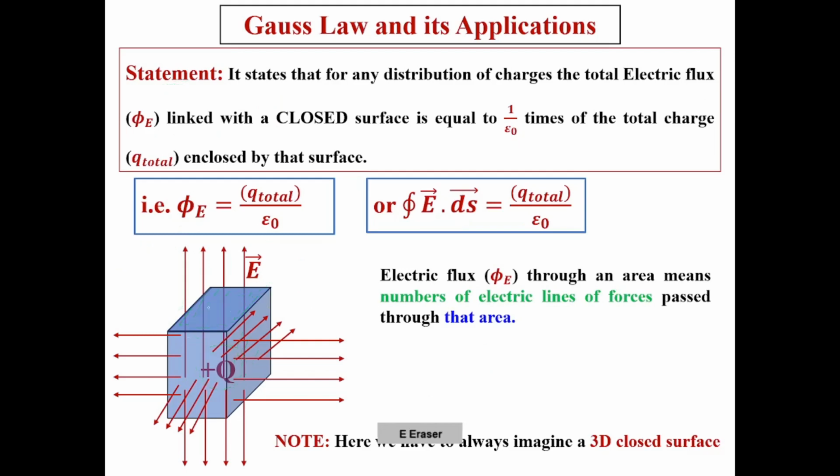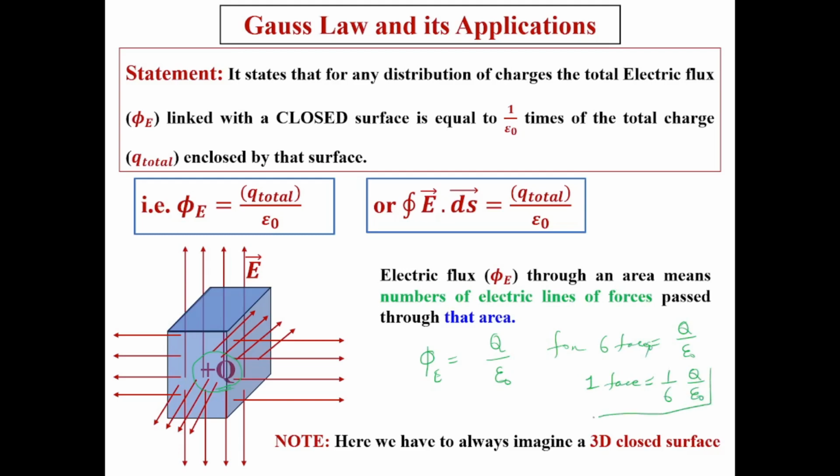If we consider capital Q charge enclosed by this 3D surface, so the total flux for this case will be equal to capital Q by epsilon 0. That means for 6 faces, this much flux, that is Q by epsilon 0.